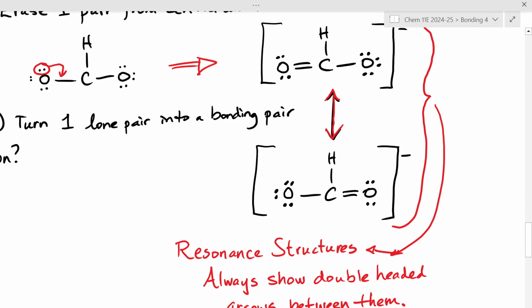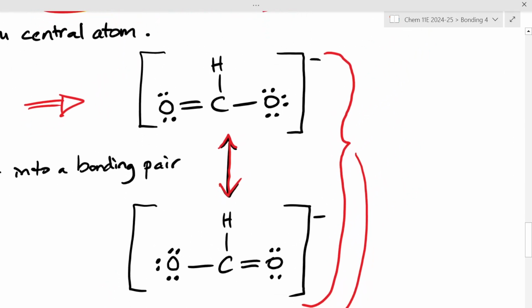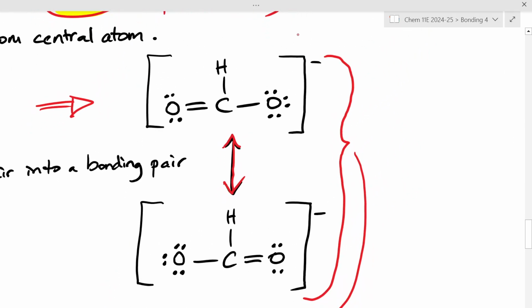Now, if you're wondering how this happens, it's not a flipping of the molecule. It's not just that the molecule is going whoop. Not like, here I am, now here I am. Not like that. We're actually moving electrons. So let's see what that would look like. How do we get from structure A to structure B?